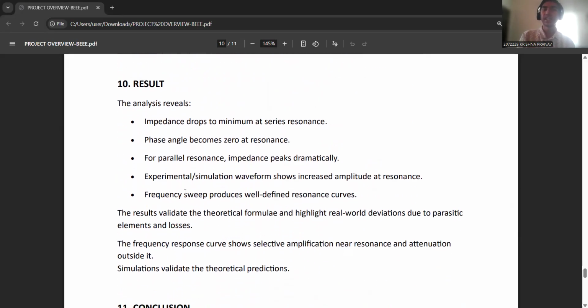Result: the analysis reveals impedance drops to minimum at series resonance. Phase angle becomes zero at resonance. For parallel resonance, impedance peaks dramatically. Experimental sinusoidal waveform shows increased amplitude at resonance. Frequency sweep produces well-defined resonance curves.